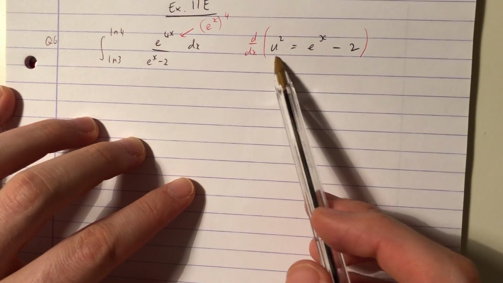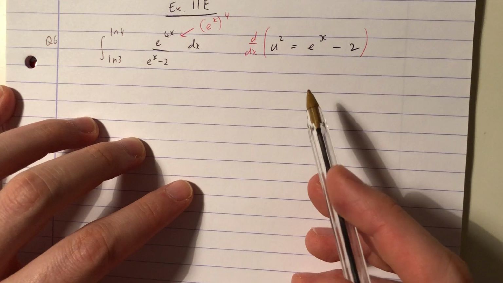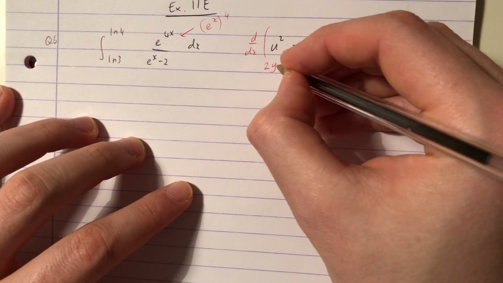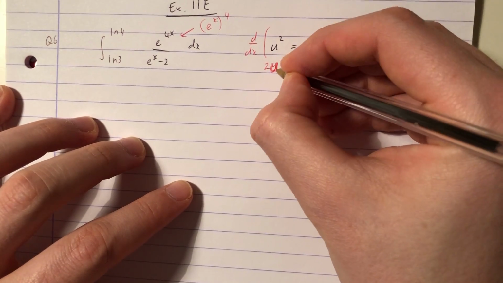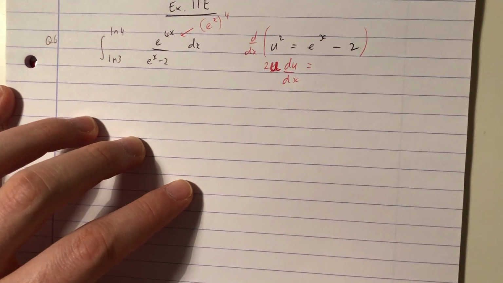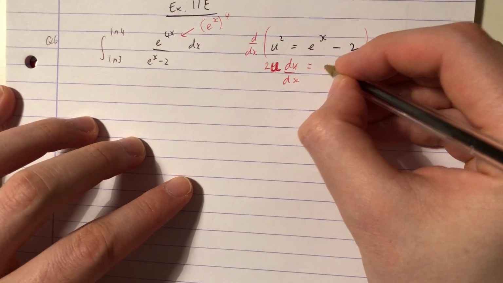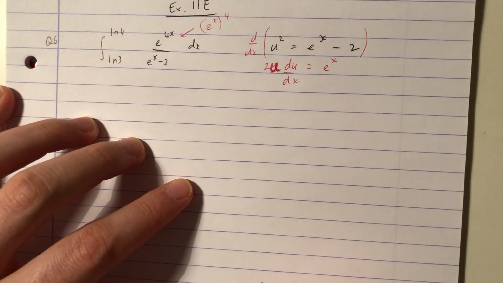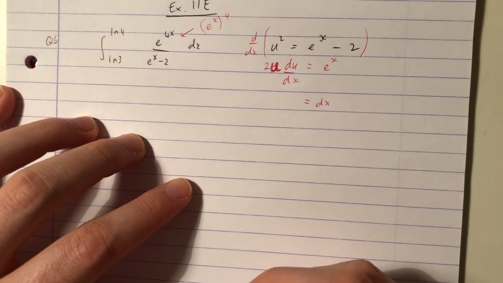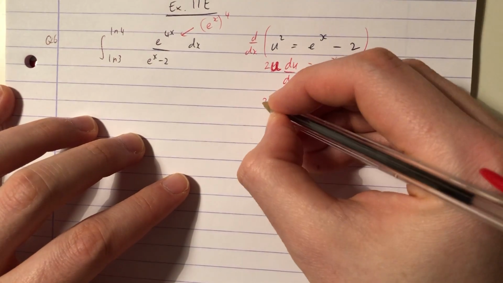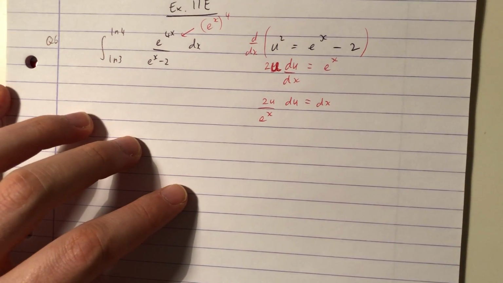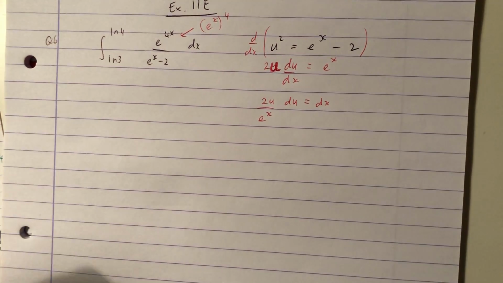So you'd effectively differentiate u squared like it was y squared, and that'd go to 2y dy by dx, or 2u, sorry, du by dx for this, is equal to e to the x goes to e to the x and minus 2 disappears. And if you make dx the subject, you get 2u over e to the x du. That's the quickest way to do it.